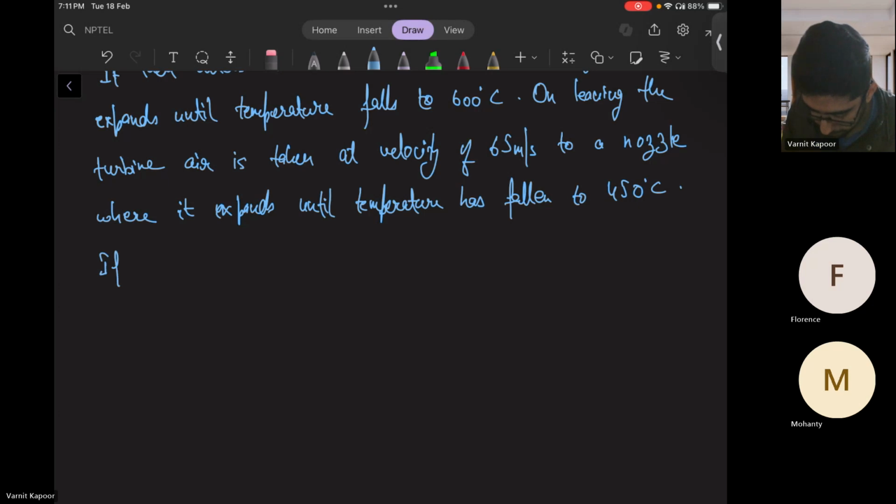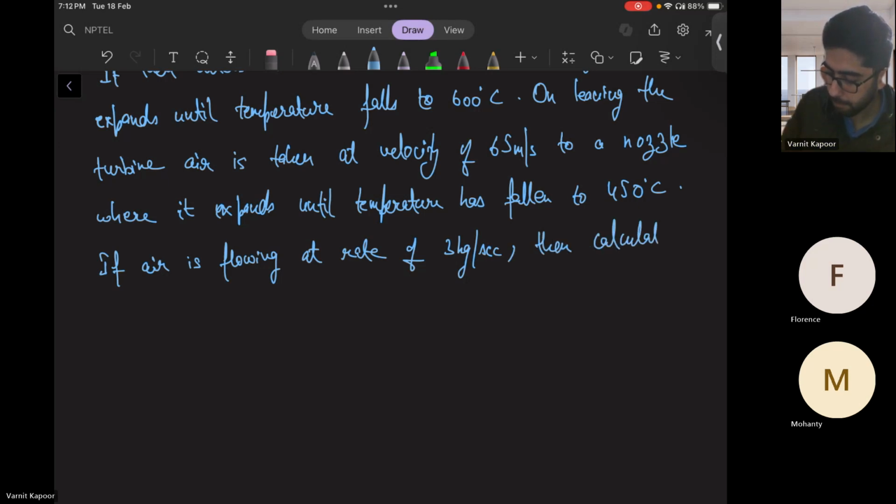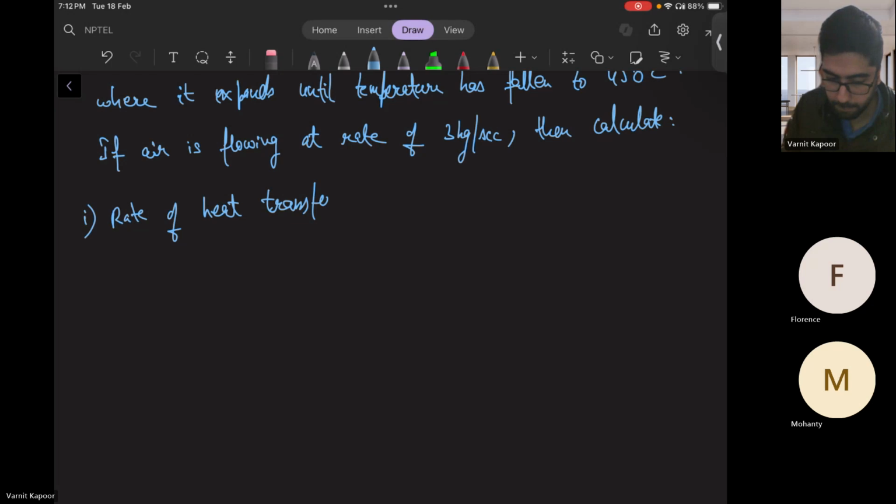If air is flowing at a rate of 3 kg per second, then you need to calculate first the rate of heat transfer to air in the heat exchanger.